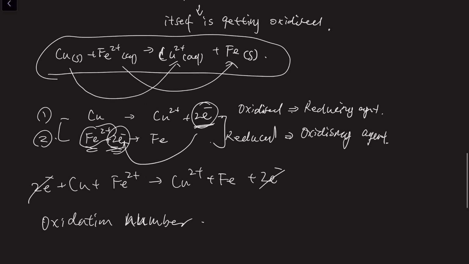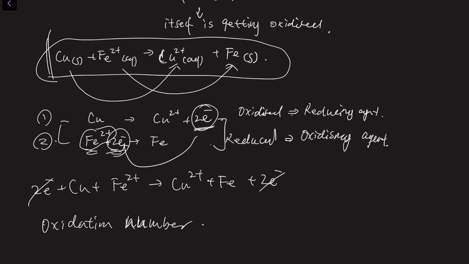Now let's move on to a very important concept. Oxidation number. In the real world, it's very hard to see this kind of chemical reaction, involving simple ions and simple atoms, where you can just figure out who is getting reduced and who is getting oxidized by looking at it.